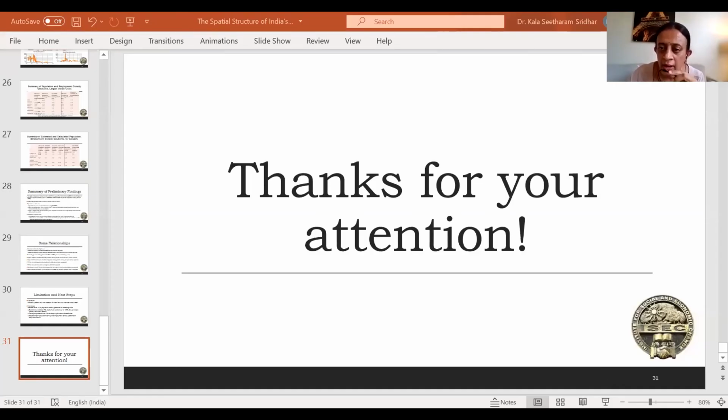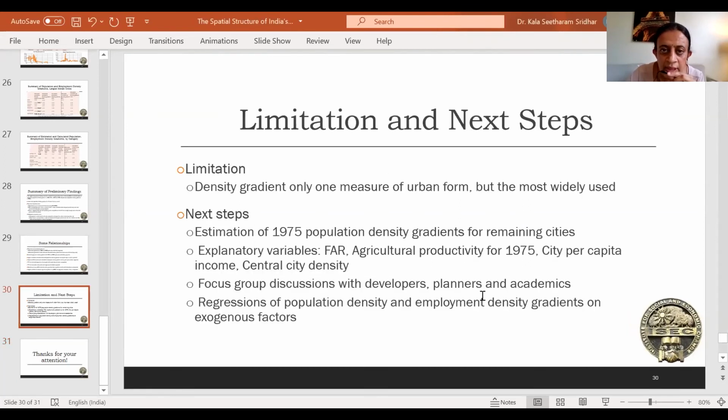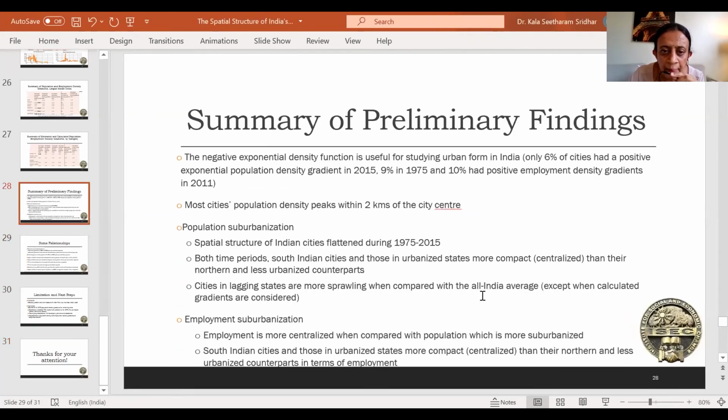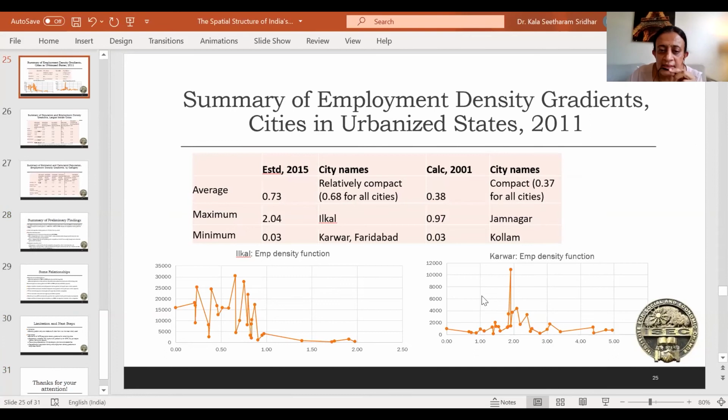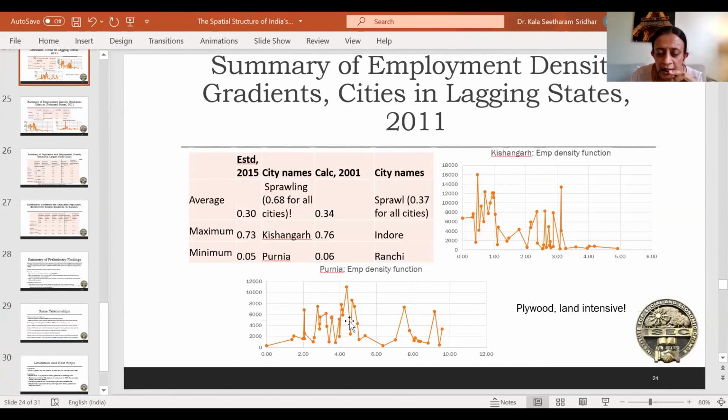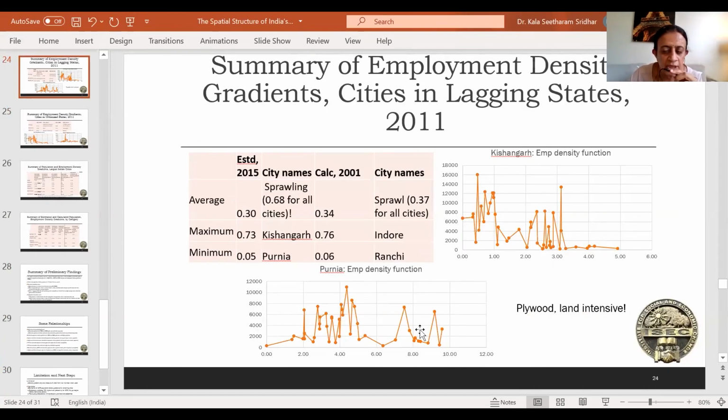See, actually, what I was trying to say is, I did present all these variations in the density function, and they are not related to the gradient. They are related to the spatial deviations in population density. And that is how I actually drew this graph.